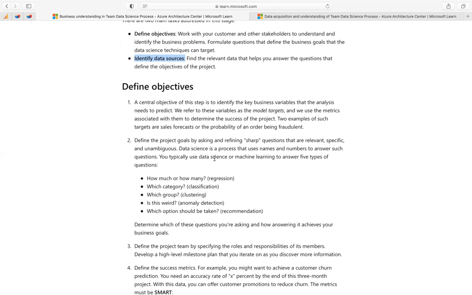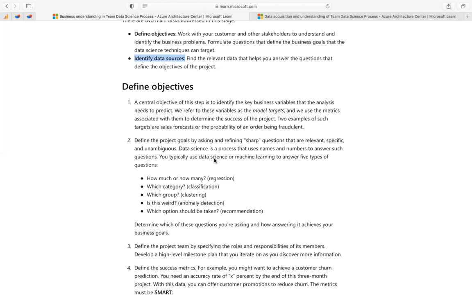Now, how to define the central objective in key business variables. Here, you are going to gather data which is going to help you. Each of us knows what he or she is going to model. So what you are going to model about, that's the data or the target you are going to go for.